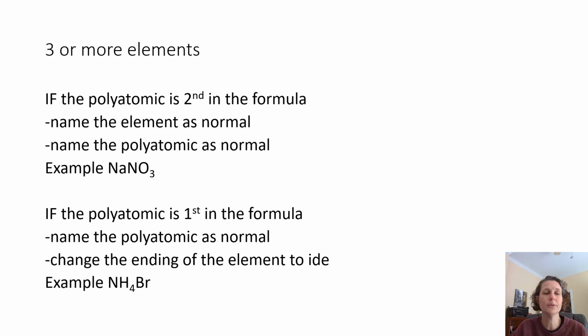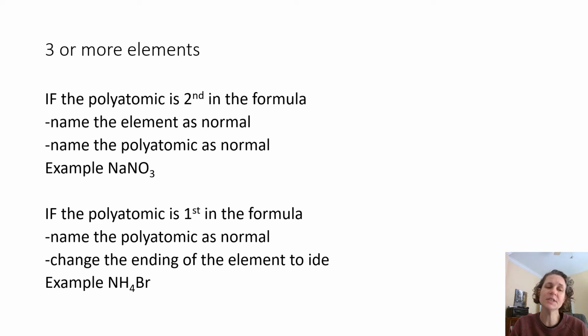Now, if you are dealing with 3 or more elements, this means that you have a polyatomic. So depending on where the polyatomic is in the formula, it may kind of change how you're going to name stuff. So our example, if the polyatomic is second in the formula, so you have Na, and then the NO3 is the polyatomic.